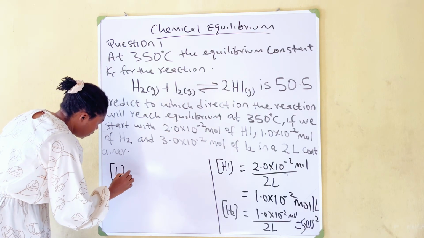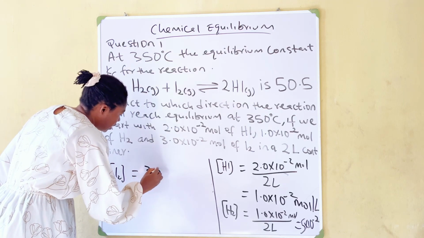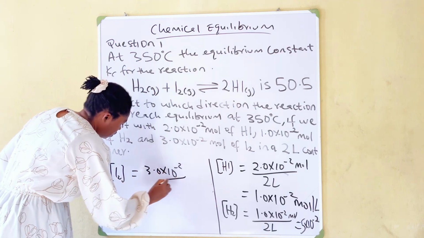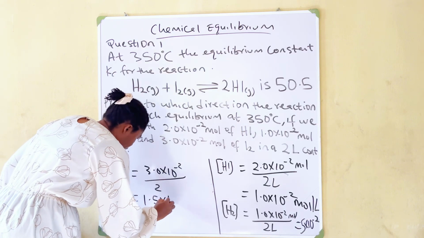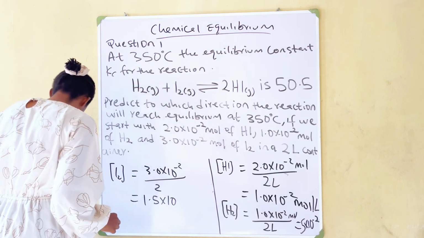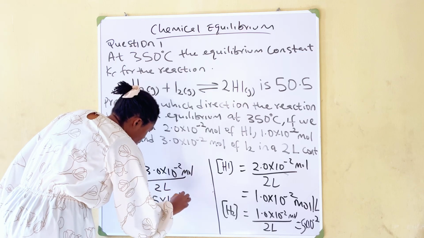Iodine: 3.0 times 10 raised to the power minus 2 divided by 2, so it should be 1.5 times 10 raised to the power minus 2 mole per liter.